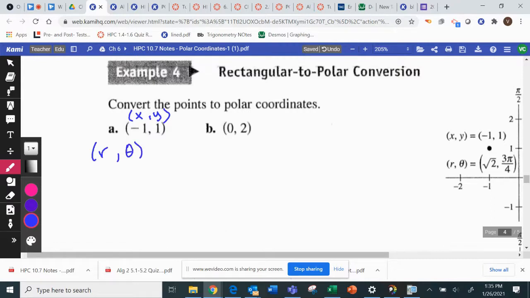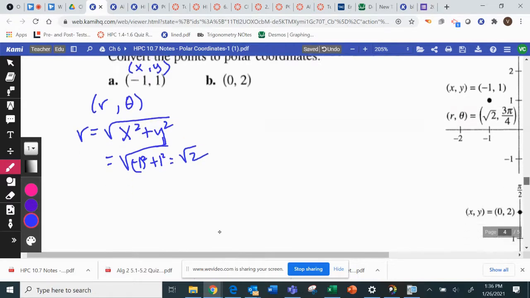So now let's compare it to the stuff we have been doing for a while. How do we get r? Yep. We do x squared plus y squared, square root of that. That's going to give us our r value. So we will do square root of -1 squared plus 1 squared, square root 2. There's our r value. And then how have we been getting theta lately?